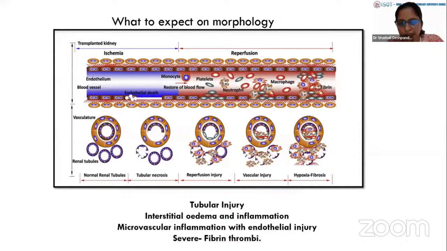And one more important thing, when the injury is severe, there is one phenomenon known as endothelial mesenchymal transition occurring in the endothelium. The endothelial cells lose their endothelial phenotype gradually and they acquire a mesenchymal phenotype. Now, mesenchymal cells are precursors for fibrotic tissue.